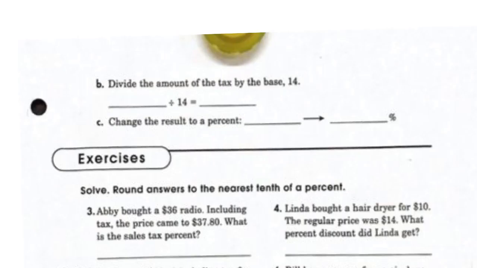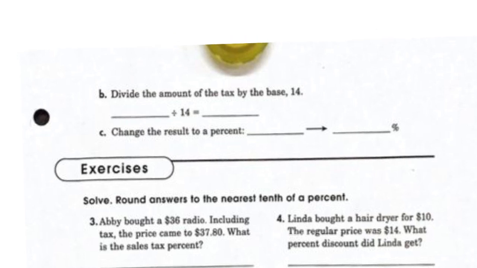You better have everything copied down from the previous page. So on this page, we got that it was 1.05. We're going to divide that by 14, and we get 0.075.